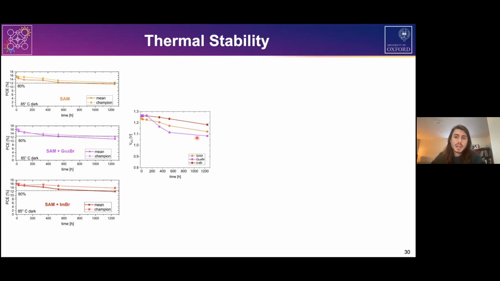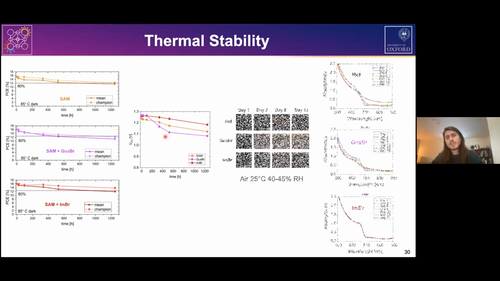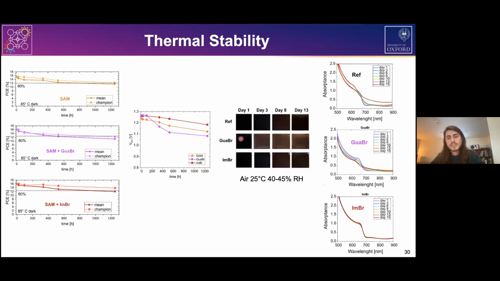And if we look at the parameters that go wrong, it's mostly the VOC, which in the case of the guanidinium bromide is not really maintained. And looking at the film stability itself, we found out that even in air, the guanidinium bromide is much less stable compared to the imidazolium bromide, which shows basically unchanged absorption profile over 15 days in air.